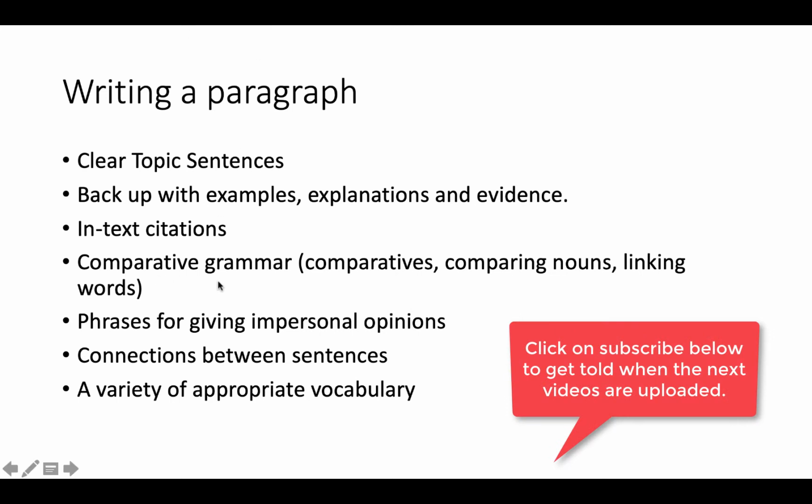Ideally, we're looking for some kind of comparative grammar because it is a comparative discussion essay. And in any academic writing, again, we need impersonal opinions, like "it could be argued", "it's widely accepted that". Always we need connections between sentences to bring the paragraph together, and we just want a variety of appropriate vocabulary.